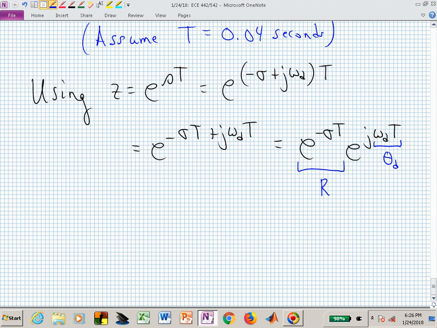So now z, instead of in rectangular form, we might like to write in polar or exponential form as r e to the j theta sub d, where r is equal to e to the minus sigma t, and theta sub d is omega sub d t.